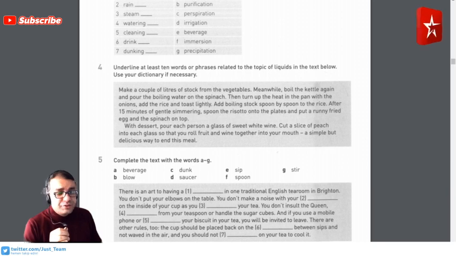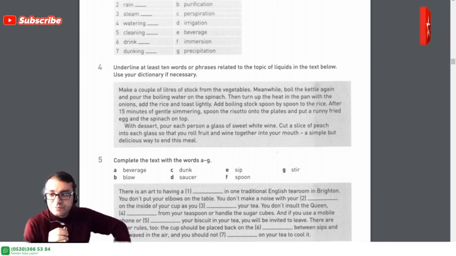Beverage? No, not beverage for sure. Okay, Nursina is correct. Hassan, fluid. Okay, what else? Naveen, correct. Wonderful.